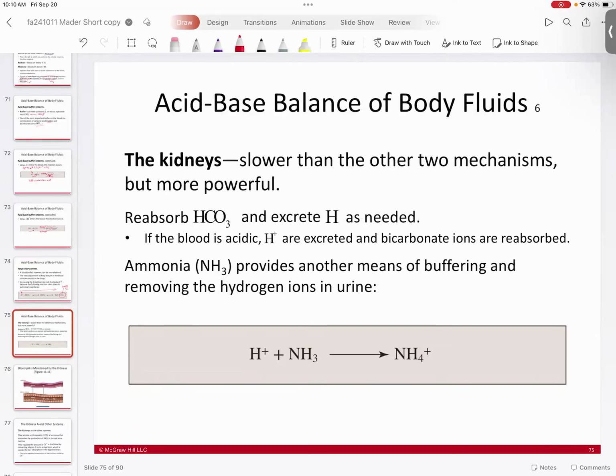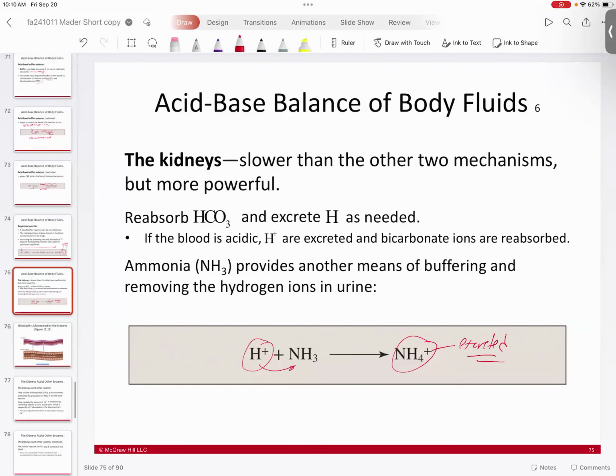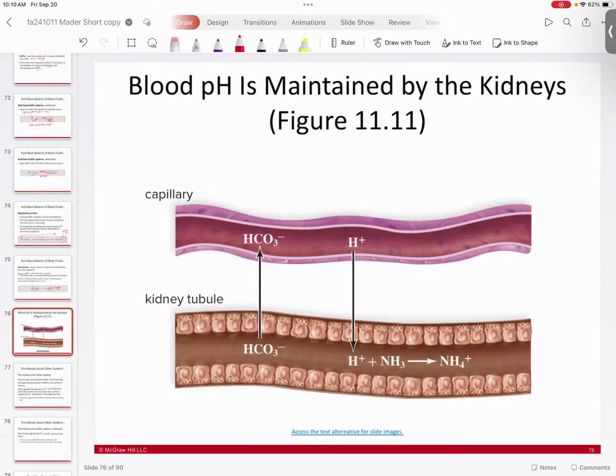If we have an excess of hydrogen ion, it can be combined with ammonia to create ammonium, and then this can be excreted. That's one way to get rid of hydrogen ion. We can also get rid of the bicarb as well. But since we're constantly producing ammonia through our metabolism, it's a really helpful way of buffering and getting rid of that extra hydrogen ion.